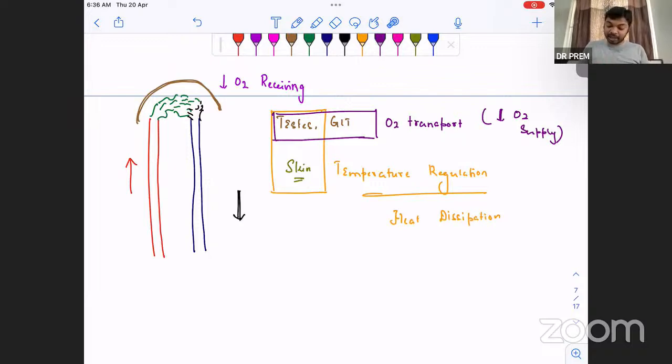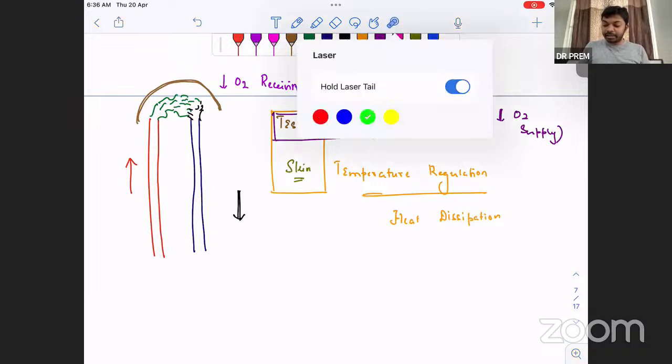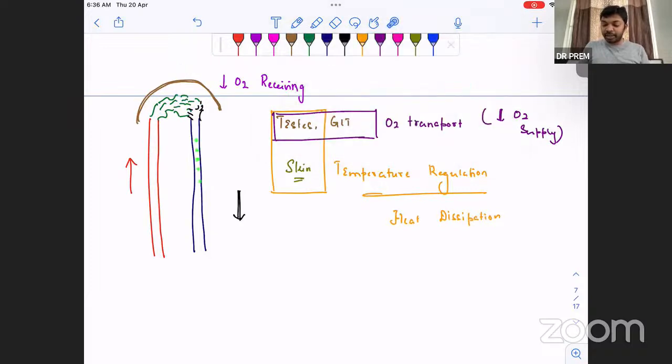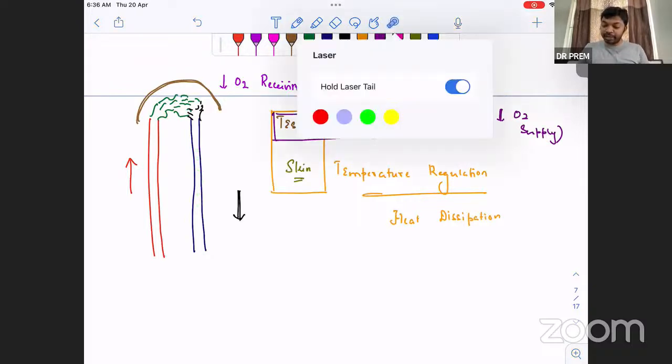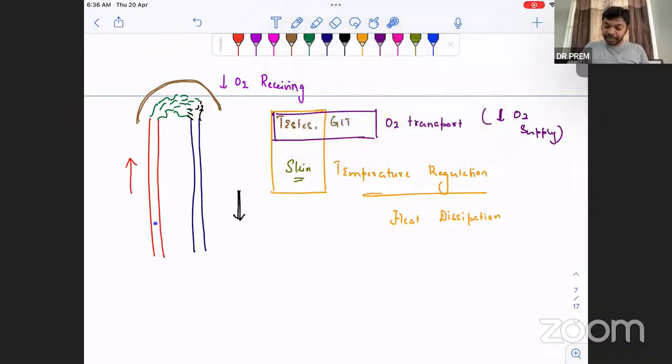The blood that comes from the central circulation carries the heat, and when the blood reaches the capillaries, the heat will be dissipated, and the blood that returns in the venular side will come out with much lower temperature. So on one side, we see blood flowing with a greater temperature.